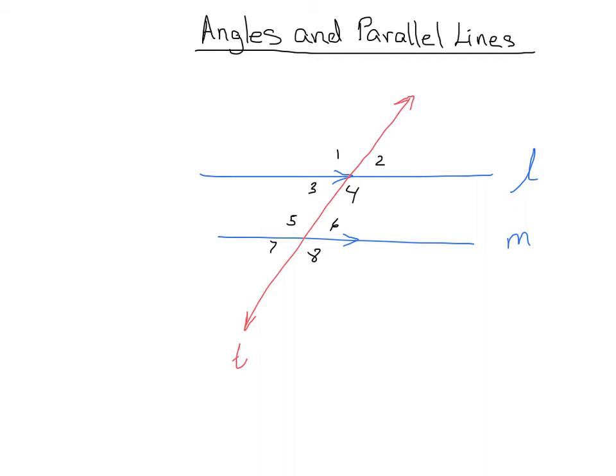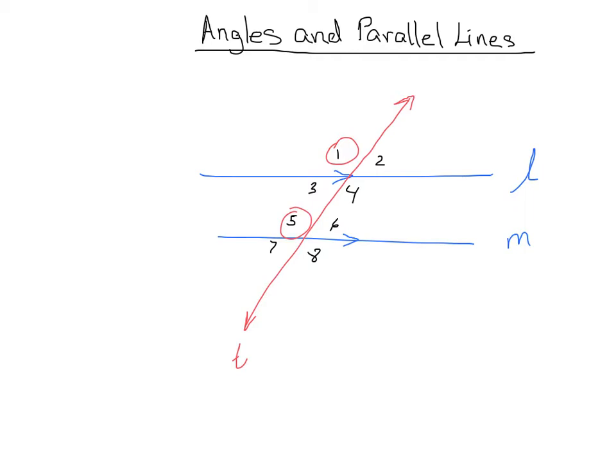Now, more specifically, some of them have certain names in certain pairs. So for example, let's first look at 1 and 5. So 1 and 5 are on the same side of the transversal, and they're both at the top of their corresponding lines.